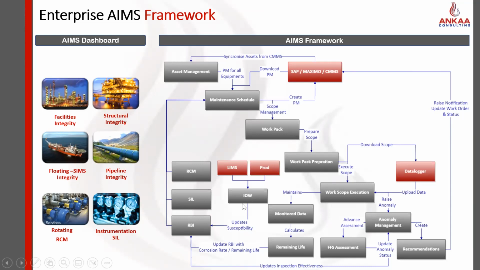You are getting a live feed on any exceedance that you might get on the IOW. Again, if you want to automate the entire inspection process, you can use your data logger systems, which are explosion proof, and then you can configure them to get consistent reporting, and that reporting can be pulled straight into the work pack management and the rest of the asset integrity process.